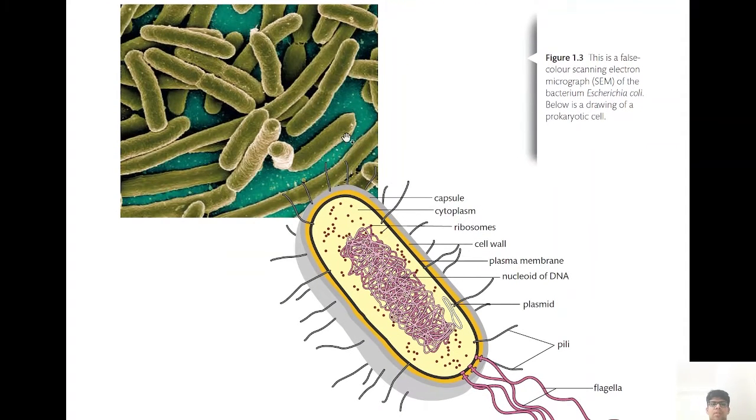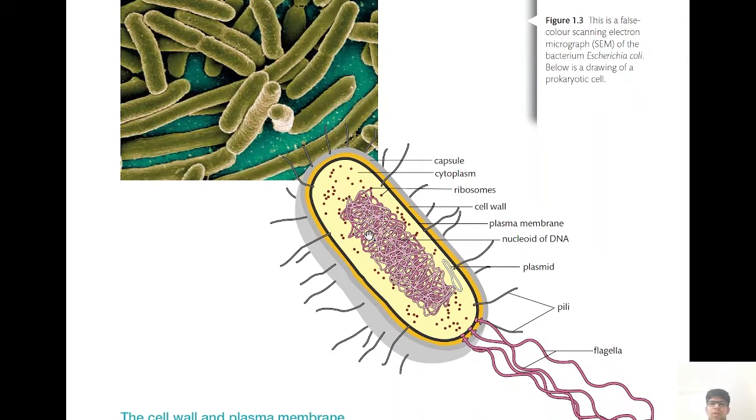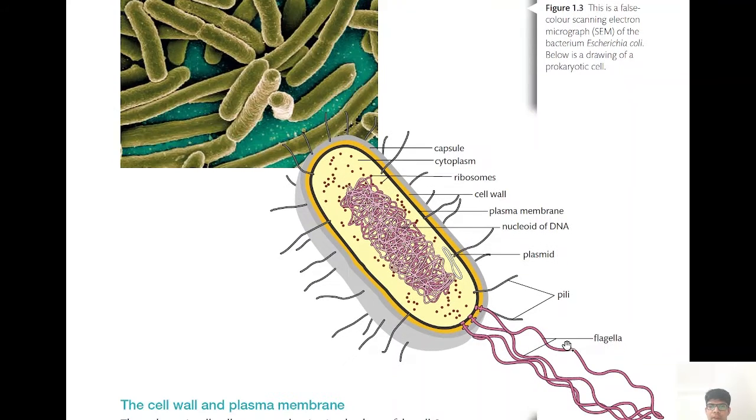This is the bacterial cell, and the figure has been labeled with the names of the parts. The outer layer is like the capsule, and the inner yellow part is the cytoplasm. Ribosomes are structures, the cell wall surrounds the cell, and there are the plasma membrane, the nucleoid of DNA, plasmids, pili, and flagella.